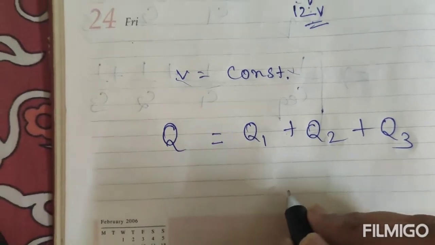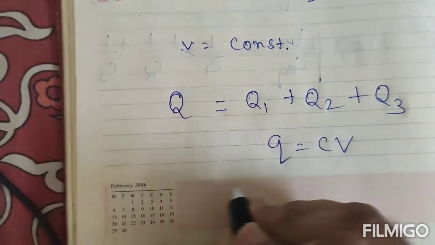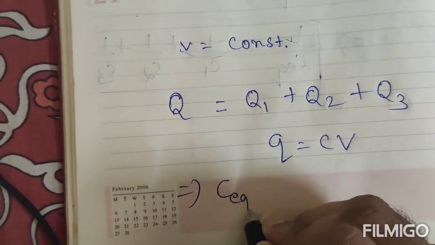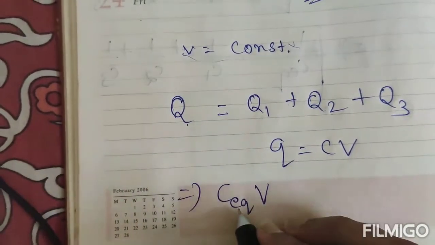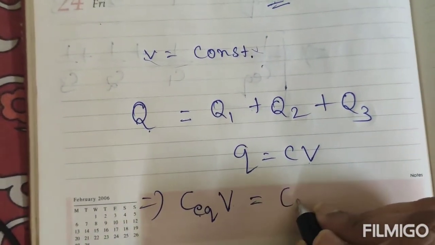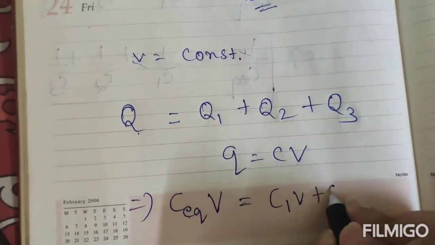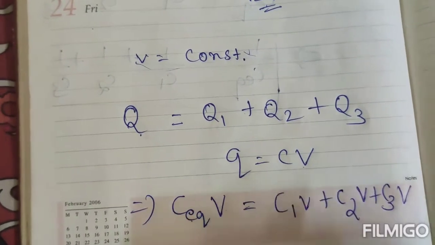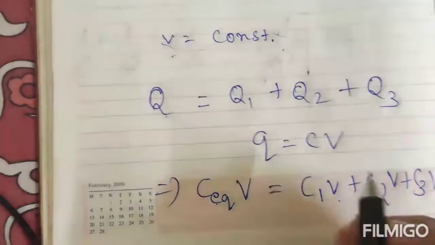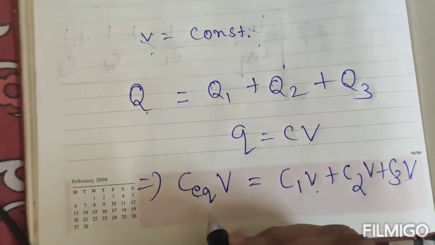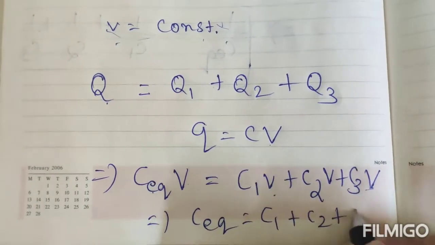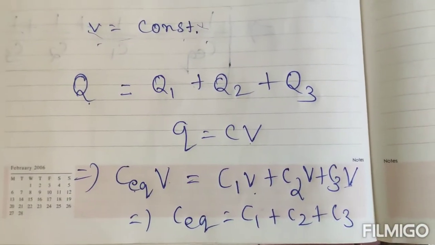As we know the formula Q equal to CV, placing it here, C equivalent into V equals C1 V plus C2 V plus C3 V. Why am I writing V as the same? Because already I told you V is constant. So if you cancel all the V's, you get C equivalent equal to C1 plus C2 plus C3.